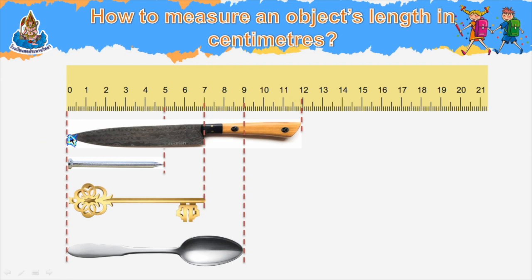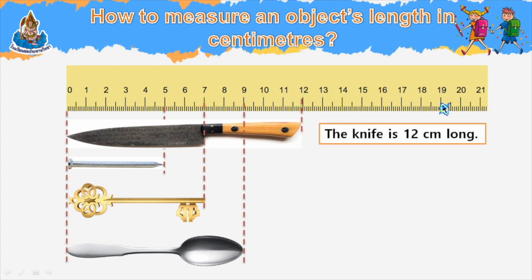If we are going to measure an object, we start from 0, not here in 1. We start here, 0. Starting from 0 to there, how long is this knife? 12 centimeters long. So let's say it: the knife is 12 centimeters long.